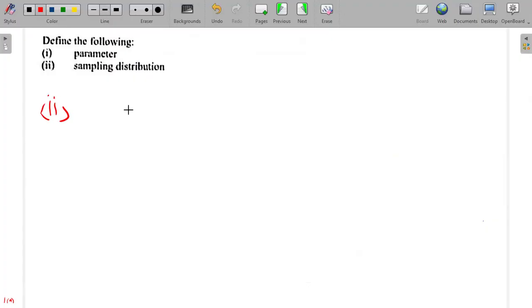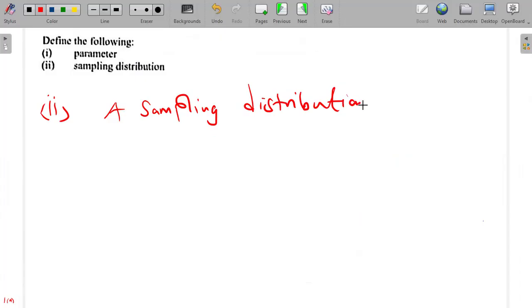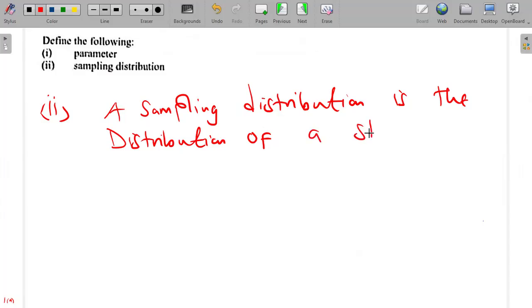In simple terms, you're simply going to say a sampling distribution is the distribution of a statistic. Statistic, not the statistics, but a statistic.